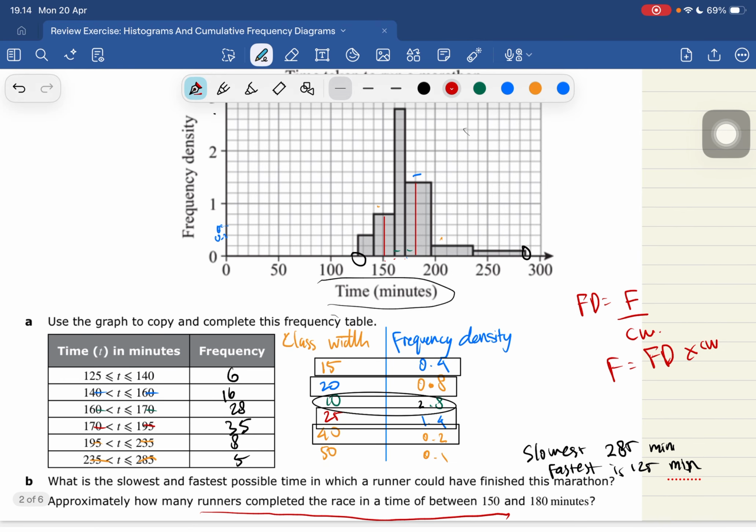First, from 150: 140 to 160 is 16, so we take half, which is 8. Then from 160 to 170 is 28.